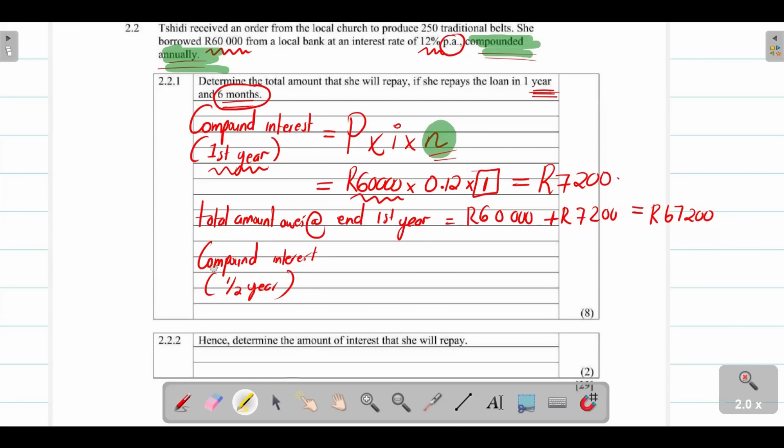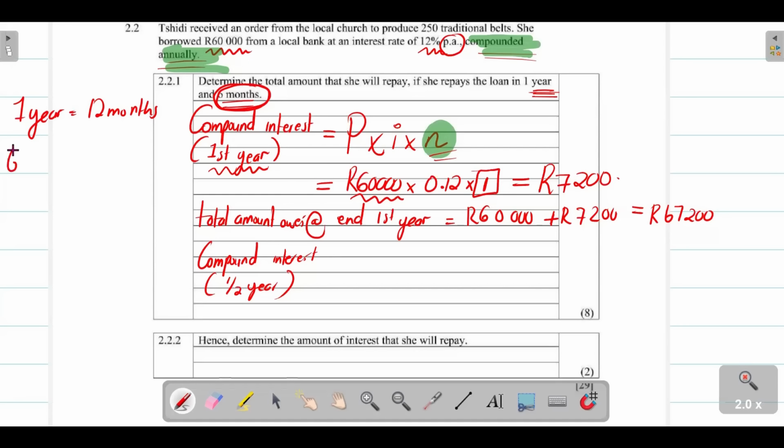So because we now need to deal with the interest that is charged in those 6 months, which is half of the year, I got to half. I think you should know this: 1 year is equal to 12 months. We have converted these 6 months into years.